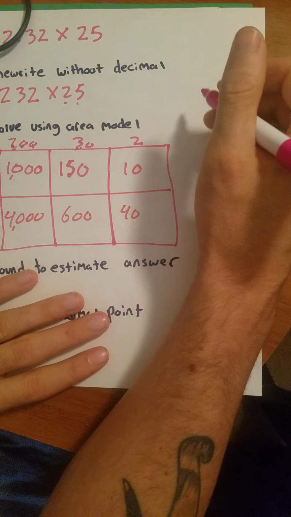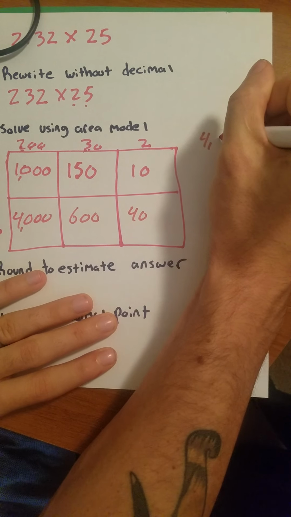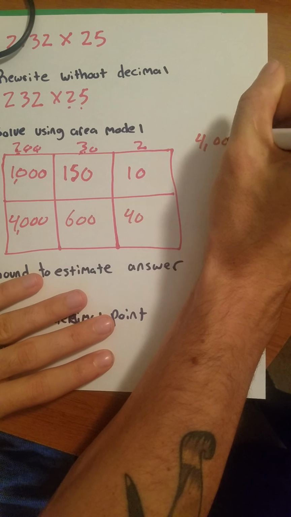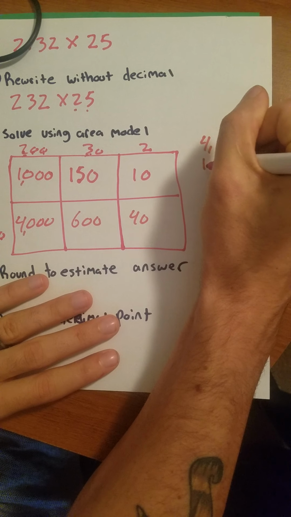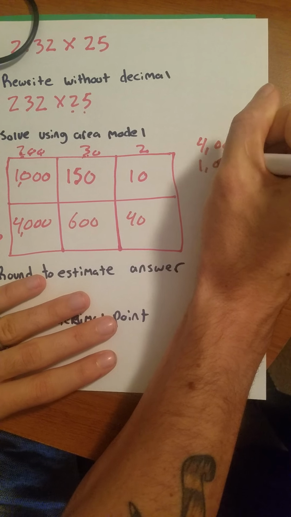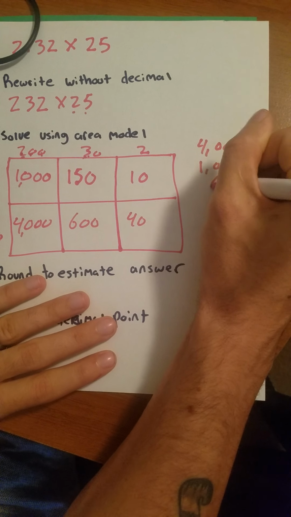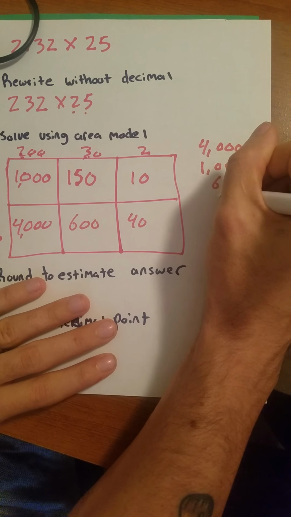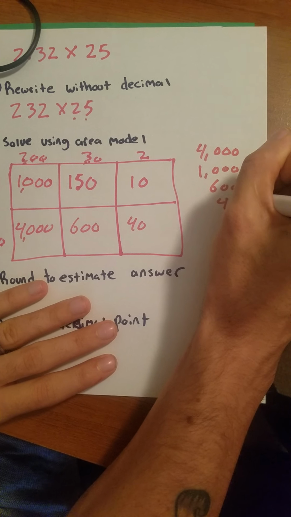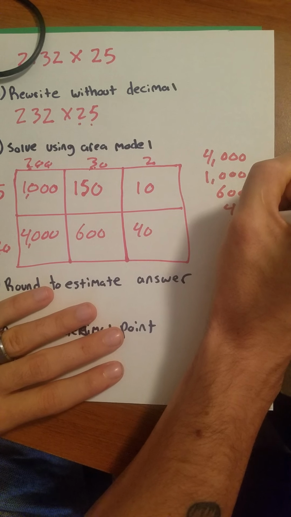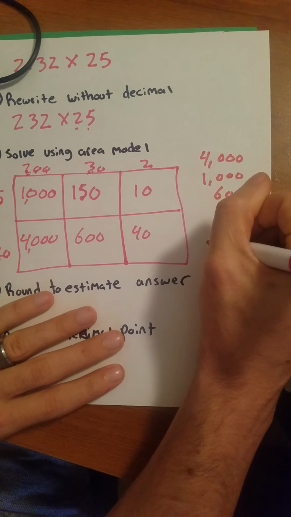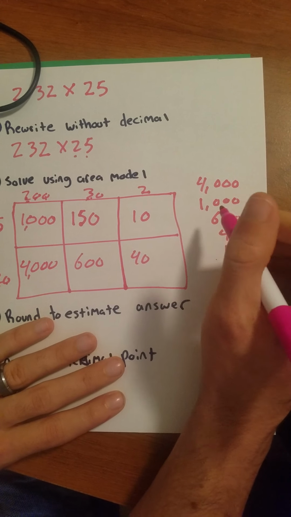Then I have to find the sum of all these numbers. Again, it'll be helpful for you to write them in order from greatest to least. And I'm missing one here.